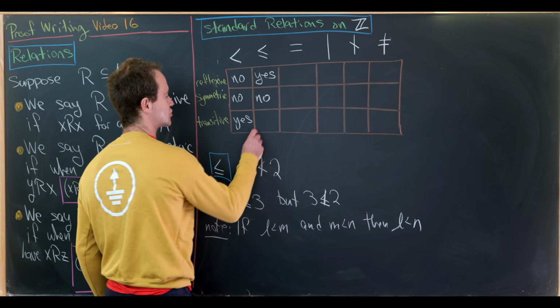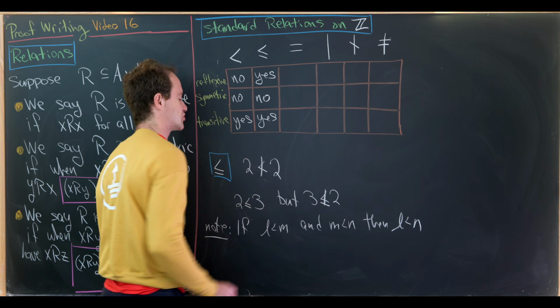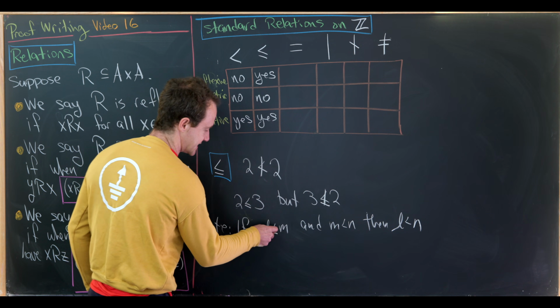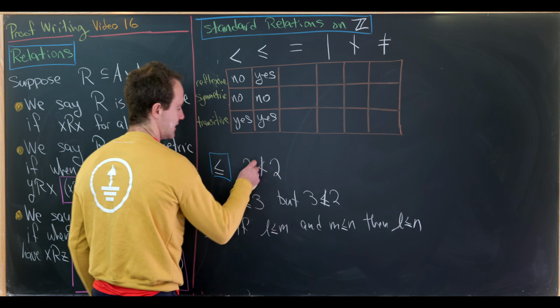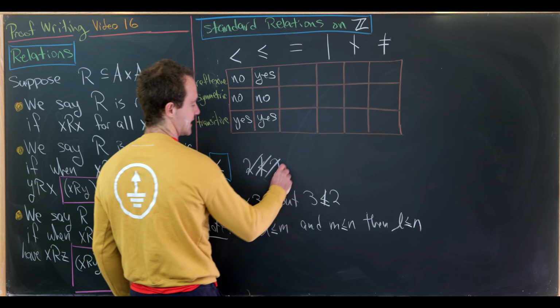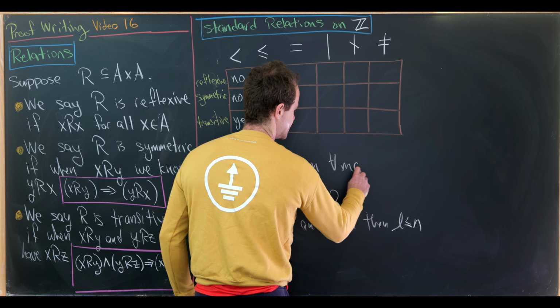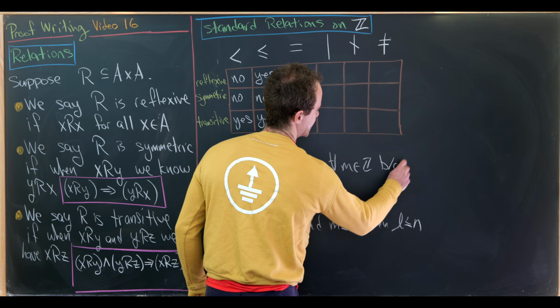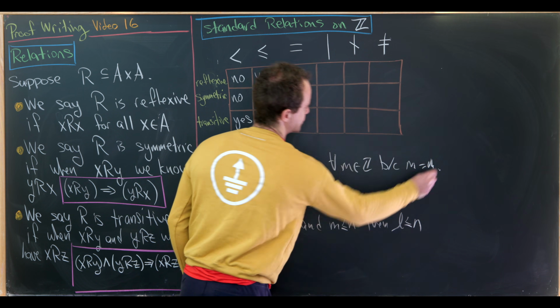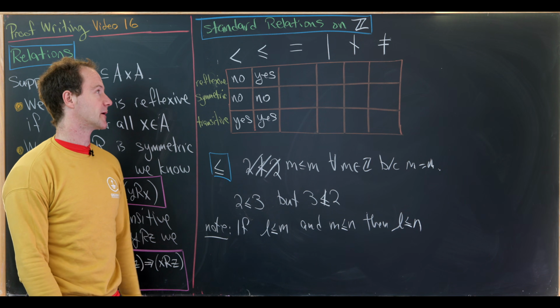And then it's also transitive, so I'll put a yes here for the same sort of reason as down here. Then maybe we would finish this off by saying that m is less than or equal to m for all integers m. That's because m is in fact equal to m, so there's not really anything going on there.